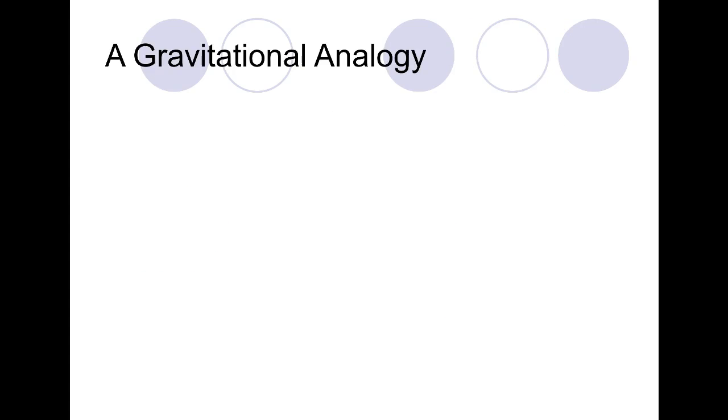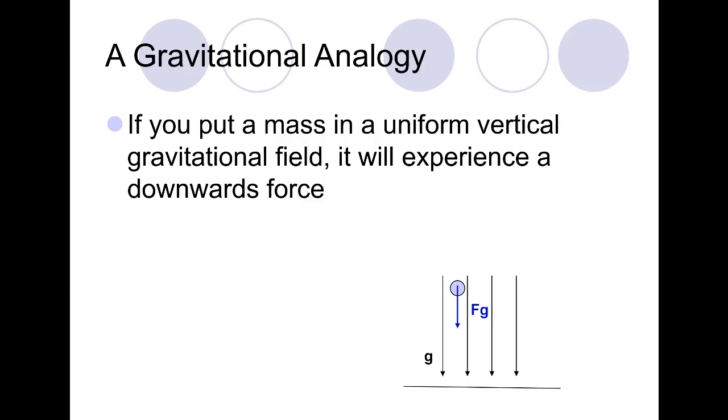So here's an analogy with gravity to think about first. Imagine that we have a vertically downwards gravitational field, kind of at the surface of the Earth, and we have a mass right here. It's a positive mass because we're not really talking about negative mass. It's going to experience a downwards force Fg. It's going to go with the field.